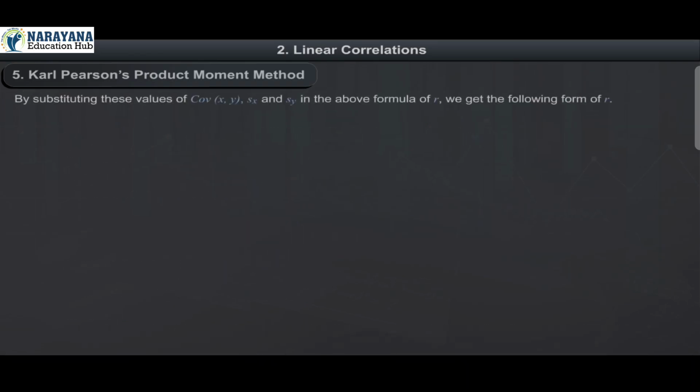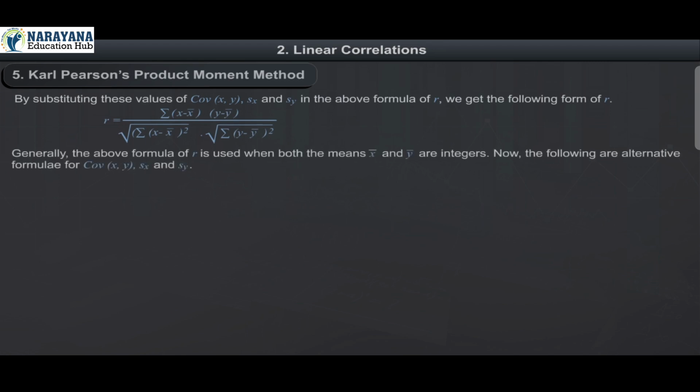By substituting these values of covariance xy, Sx and Sy in the above formula of R, we get the following form of R. R is equal to sigma (x minus x bar) into (y minus y bar) divided by under root sigma (x minus x bar) whole square into under root sigma (y minus y bar) whole square. Generally, the above formula of R is used when both the means x bar and y bar are integers.